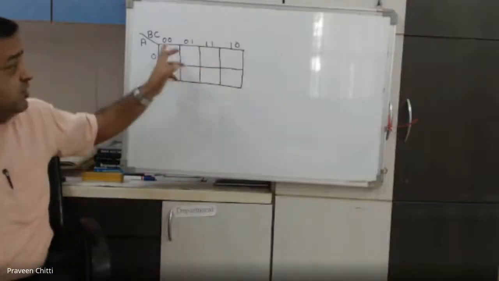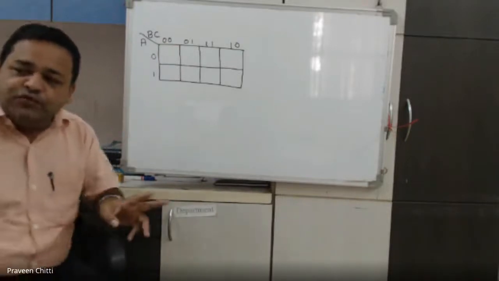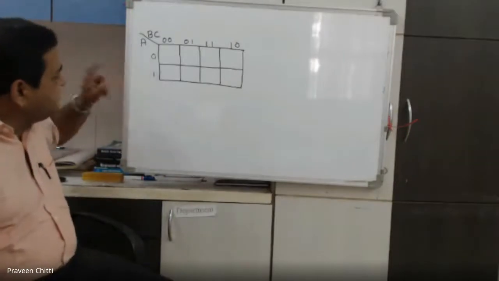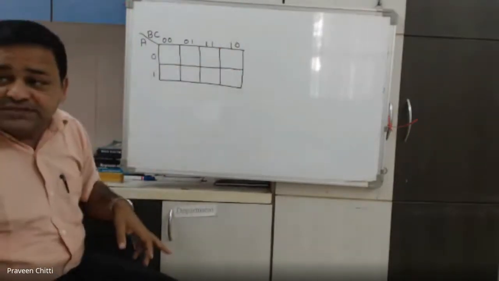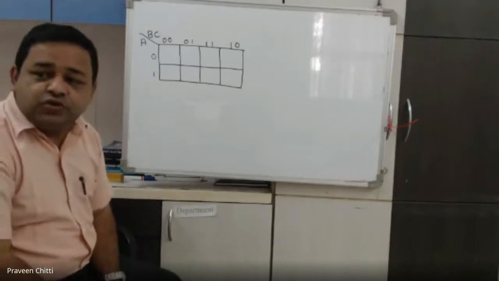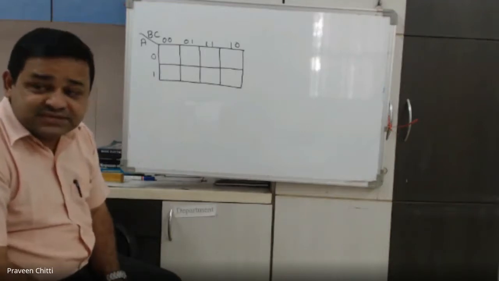Why do we have to write in this order? Because only one variable should change at any given time when you are moving from one cell to another cell. Out of the two, only one should change. I hope it is clear.